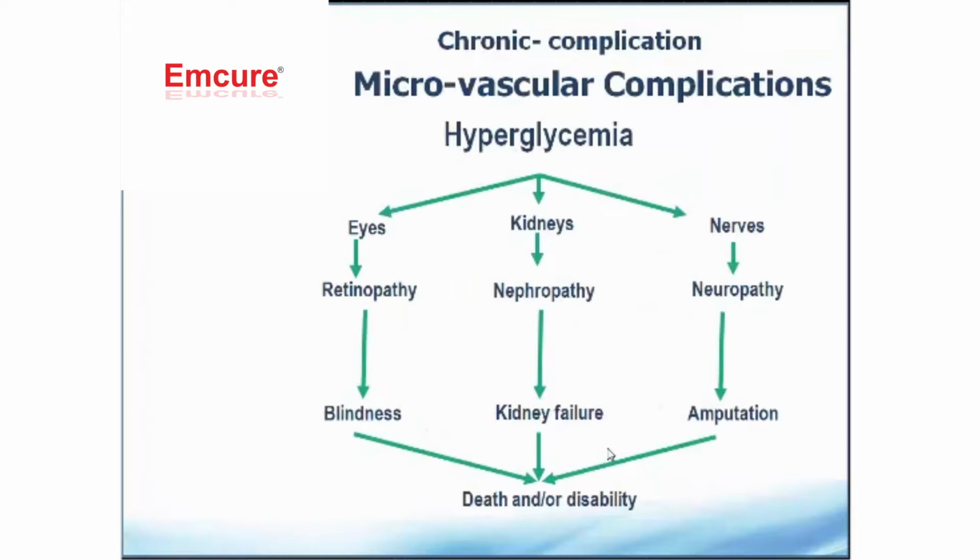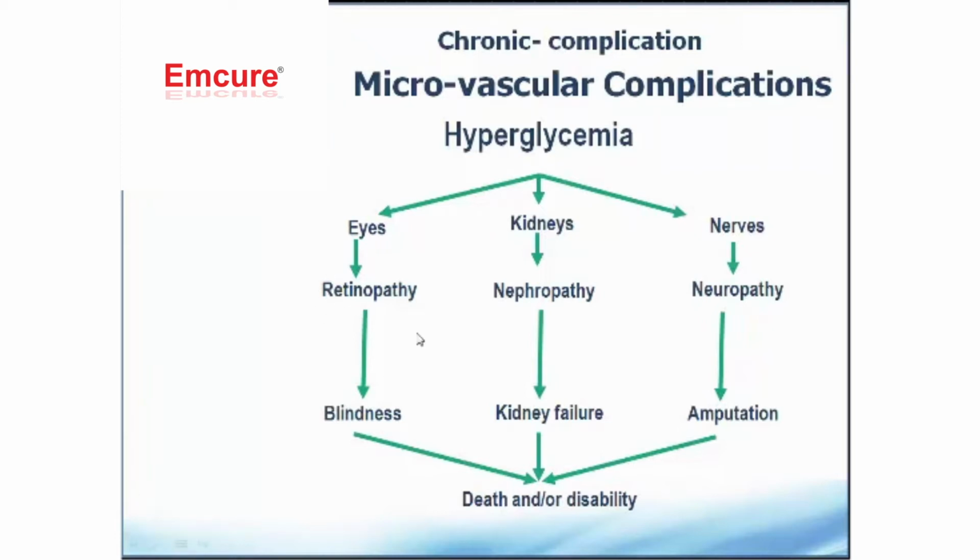Now let us see what the microvascular complications are, as the hyperglycemic condition affects the eyes, kidneys and nerves of a diabetic patient. In the eyes it causes retinopathy, in the kidneys it causes nephropathy, and in the nerves it causes neuropathy.